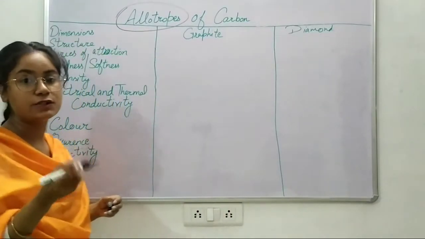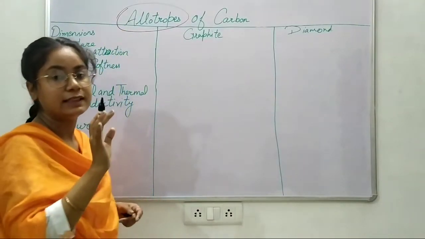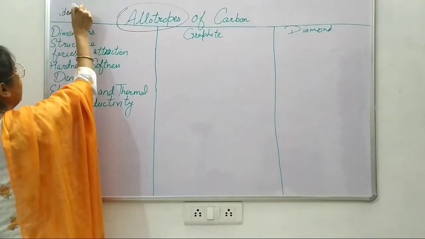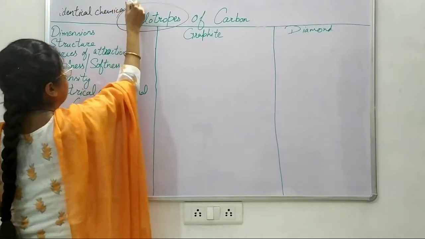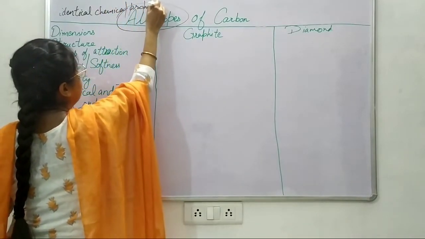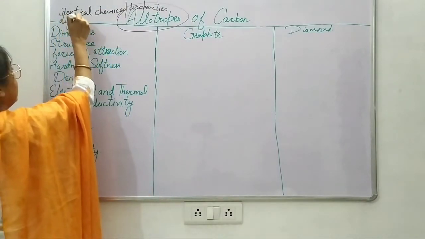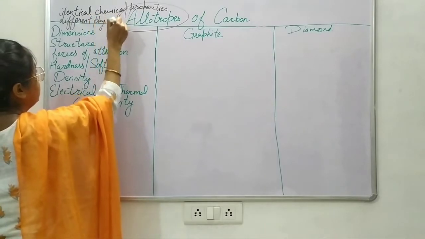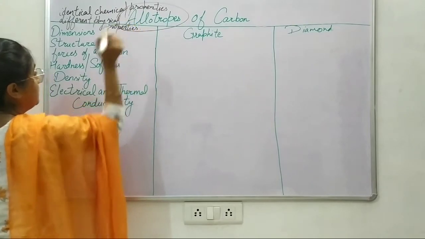There could be two or more different forms of that element that have the same chemical properties, but they have different physical properties.